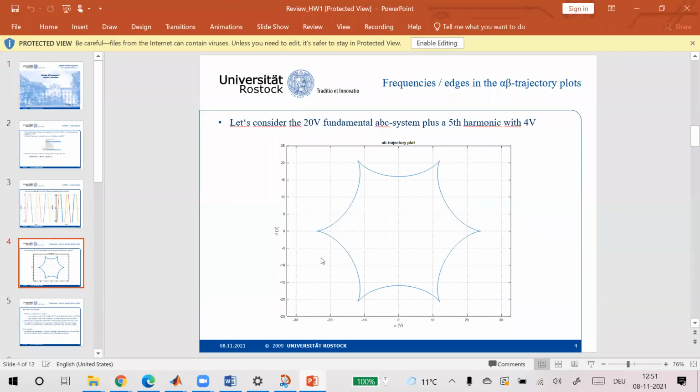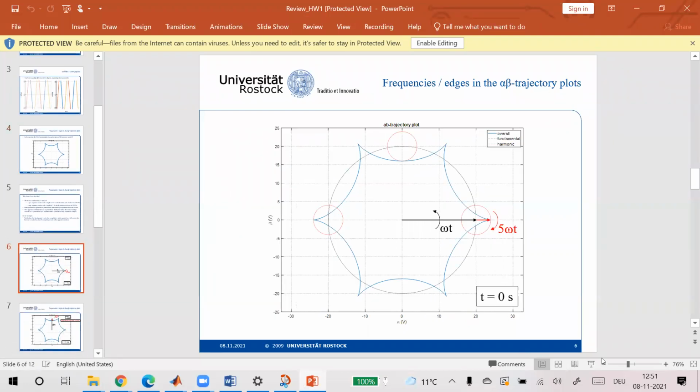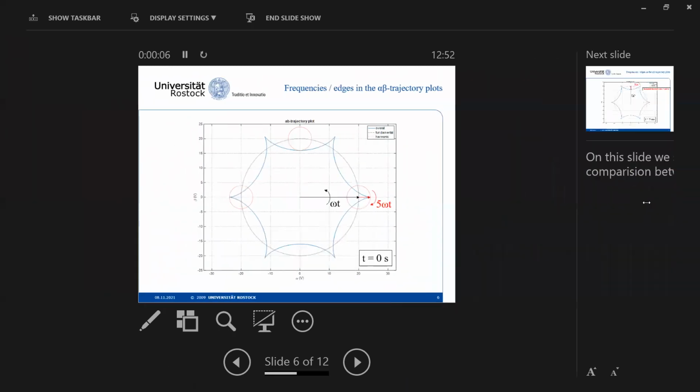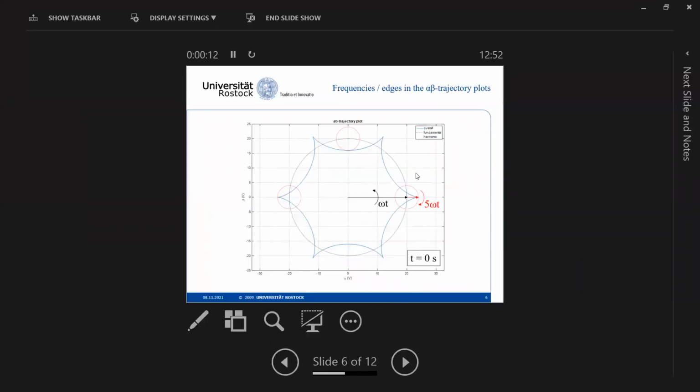This is the same graph you saw, right? So what happens is, in the beginning, they are in phase, so their magnitude is maximum.